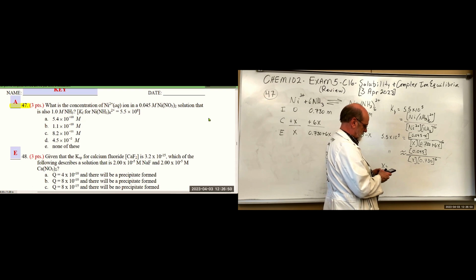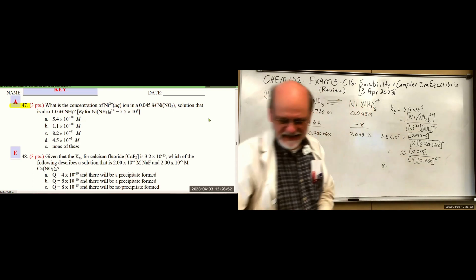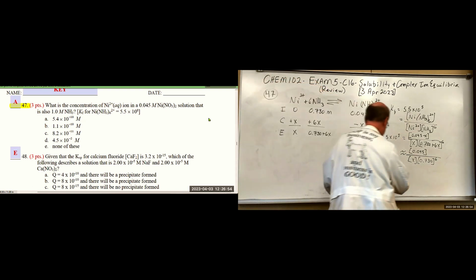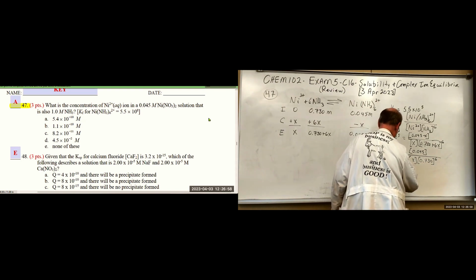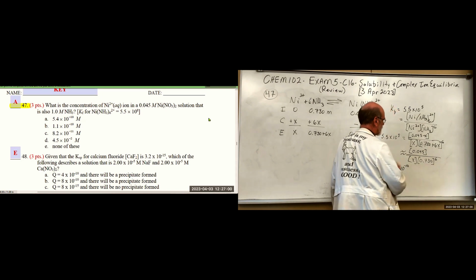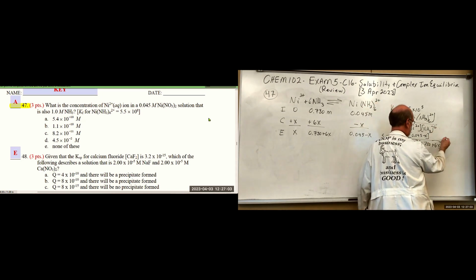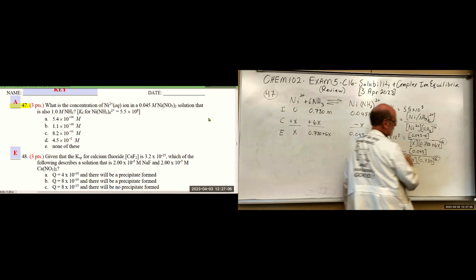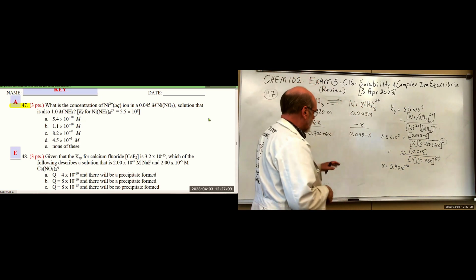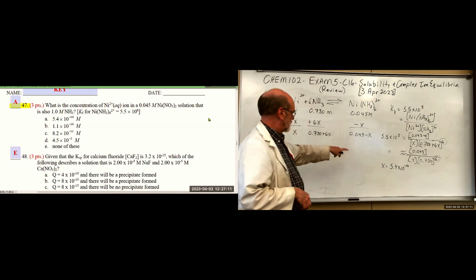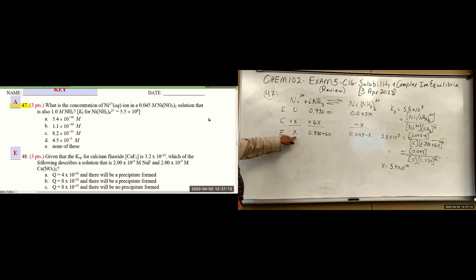That. 5.4 times 10 to the minus 10. There we go. This is the part that I messed up on right here. So that would be the concentration of nickel, right? X equals the equilibrium concentration of nickel.